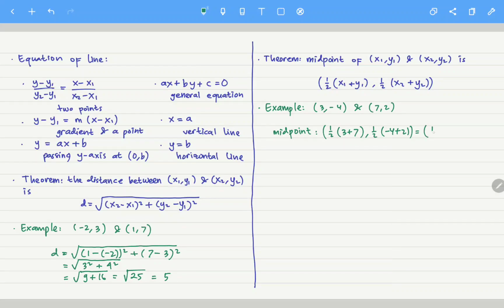This is equal to 1/2 times 10, comma, 1/2 times minus 2. This is (5, minus 1). So this is the midpoint.